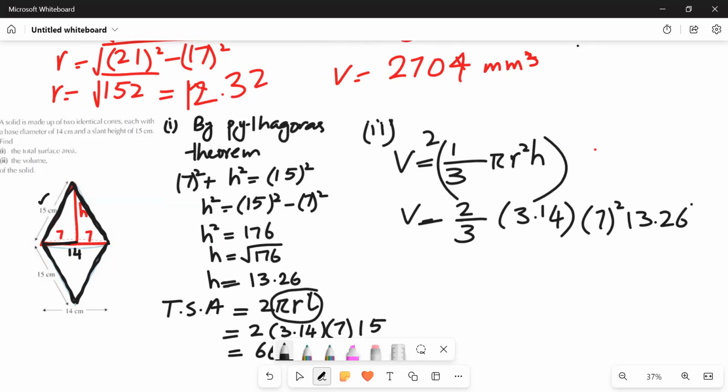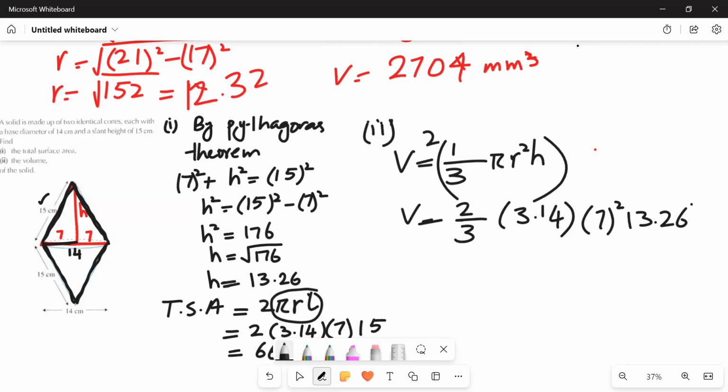Solve with me. 7 square is 49. 49 multiply 3.14 and multiply 2 and multiply 13.26. All multiplication done. Now divide it by 3.